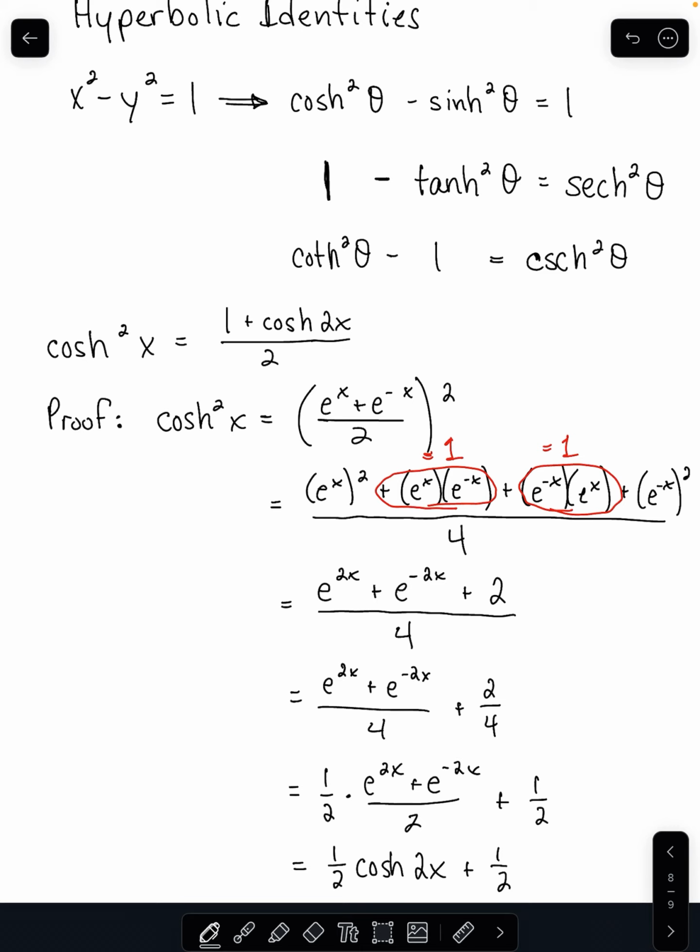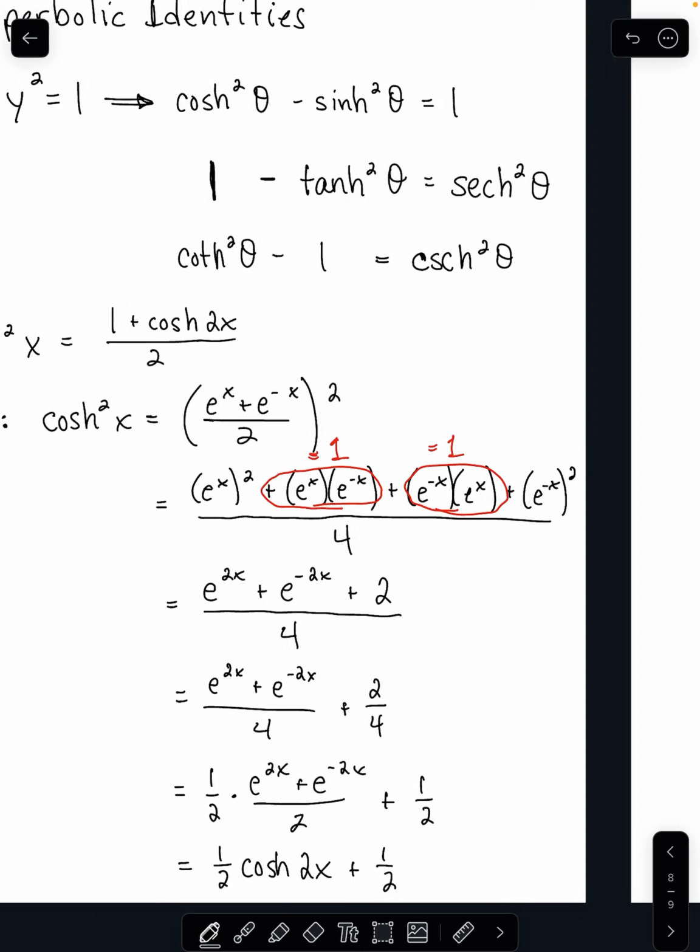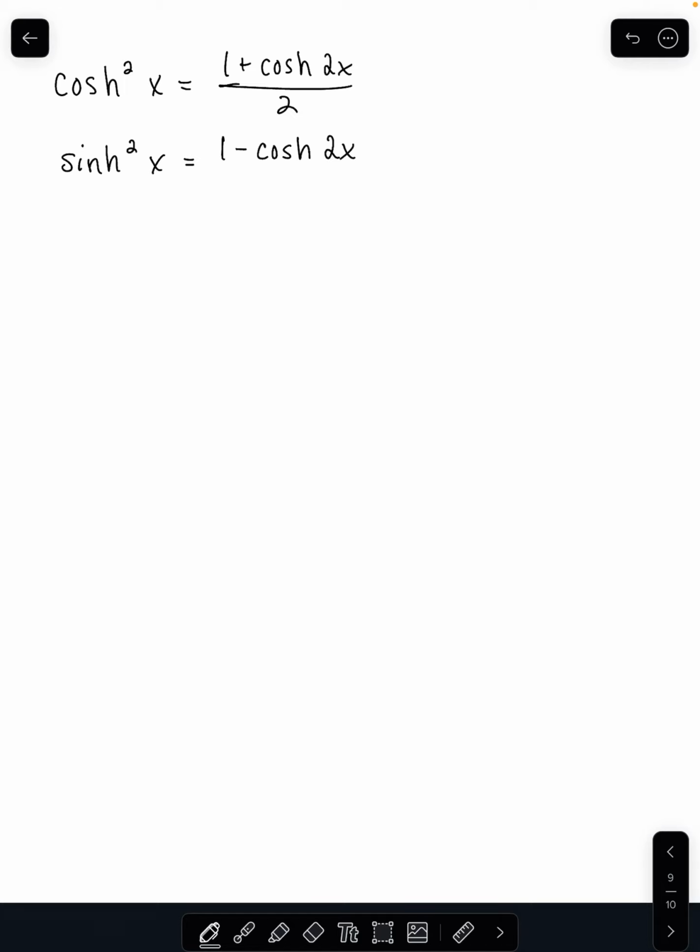In much the same way, we can also show that not only is the hyperbolic cosine squared of x equal to 1 plus the hyperbolic cosine of 2x over 2, we can also, if we choose to, show that the hyperbolic sine squared of x is equal to 1 minus the hyperbolic cosine of 2x over 2.